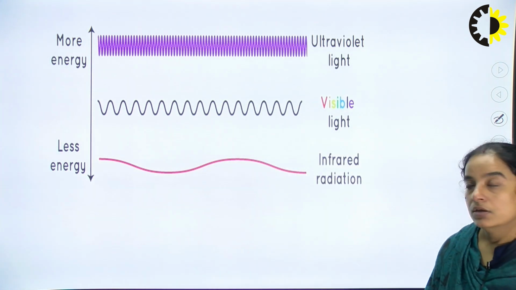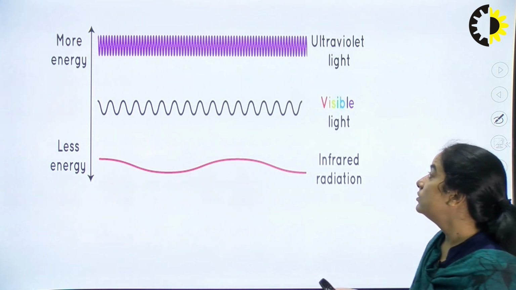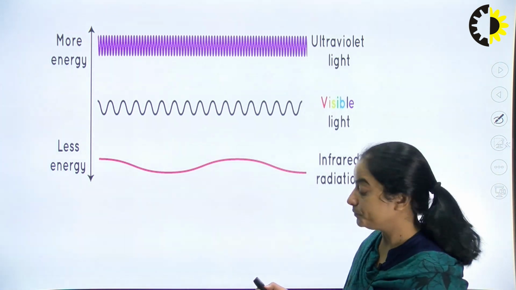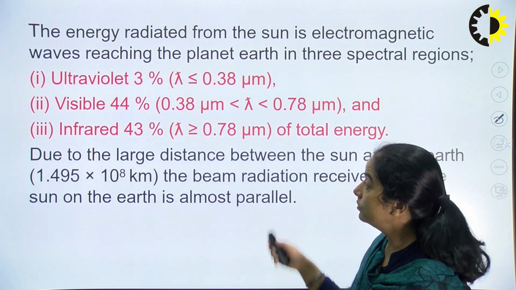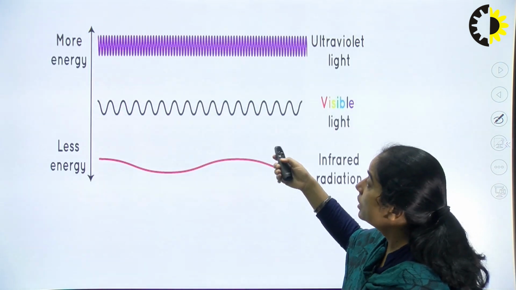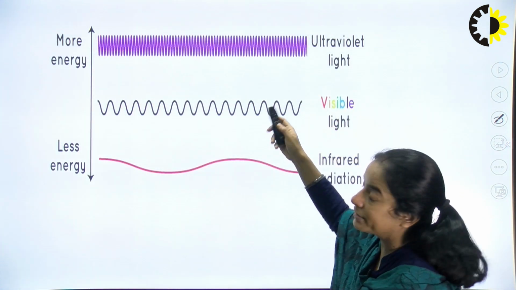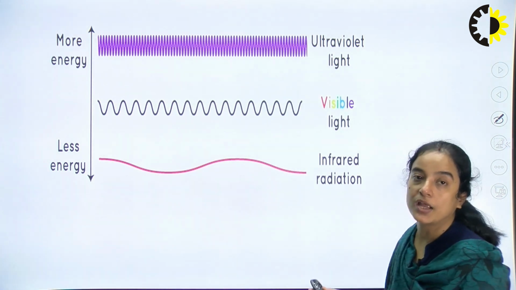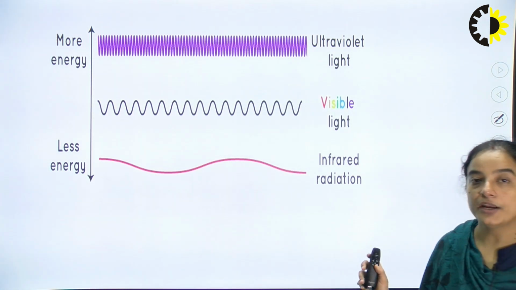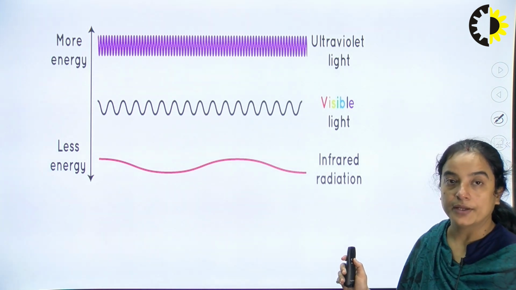So if you see the energy level of the different radiation, ultraviolet light is having more energy than the infrared, and in between infrared and ultraviolet there is visible light.